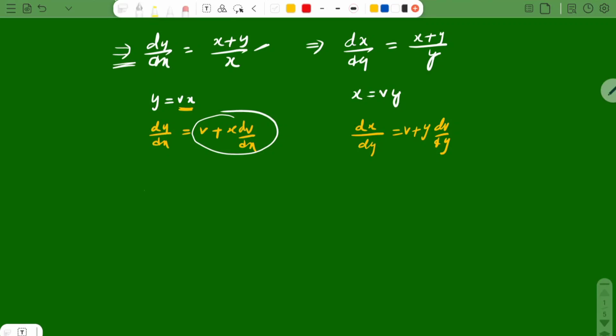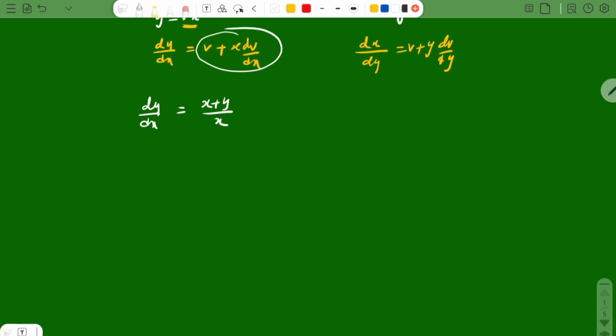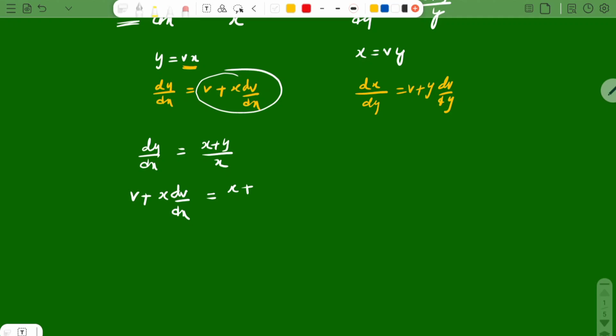We have dy by dx, which is equal to (x plus y) divided by x, and writing v plus x into dv by dx, which is equal to x plus, we consider y is equal to vx, so replacing vx in the numerator, divided by x.